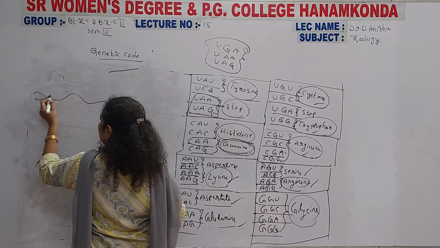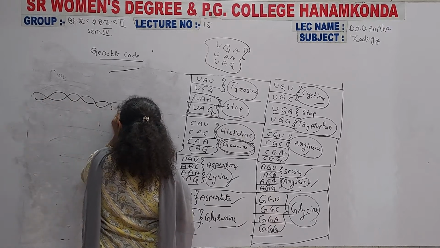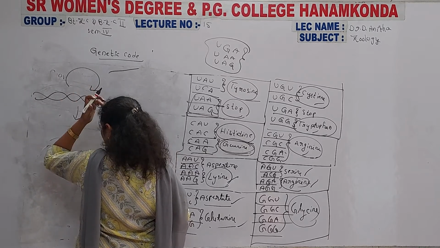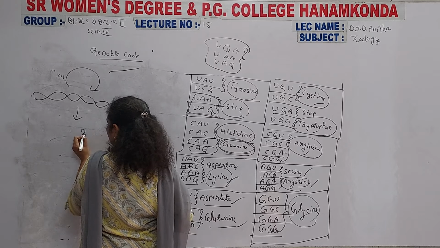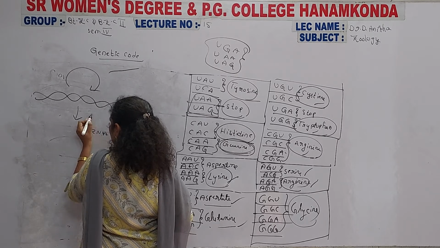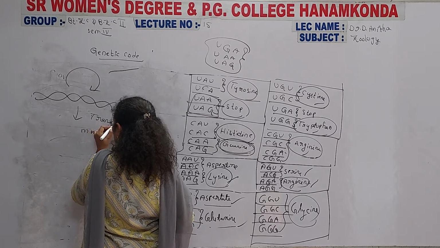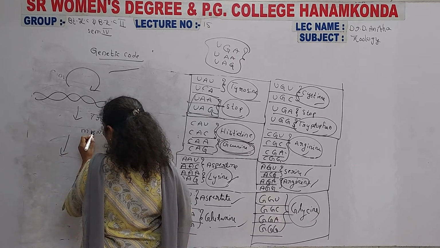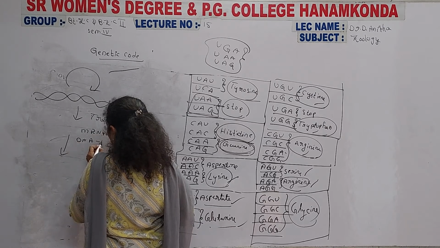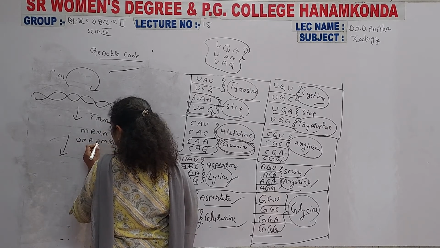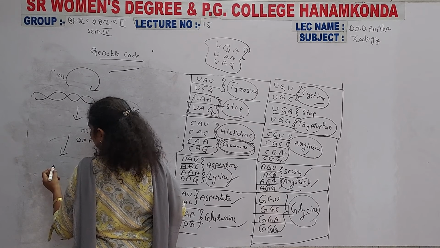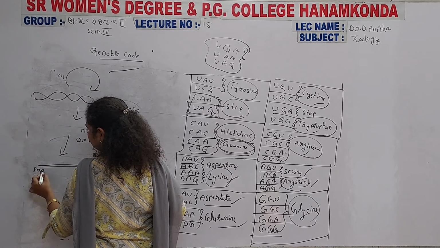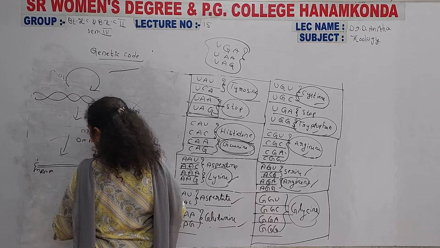Actually, see this, it is the DNA, and from the DNA the information goes to the mRNA. That is transcription, DNA to mRNA. The information reaches the single-stranded mRNA, 5' to 3'.